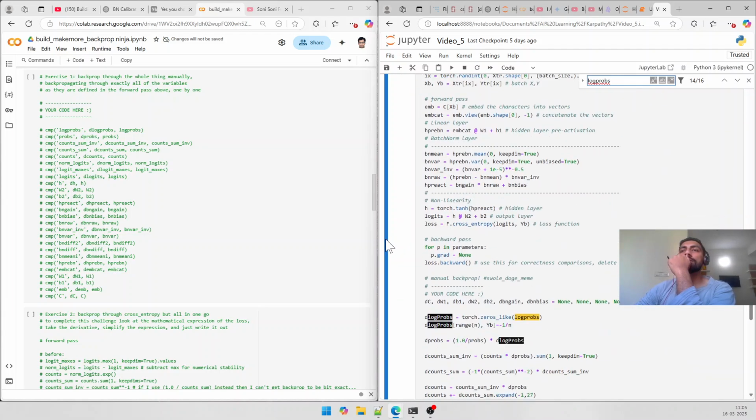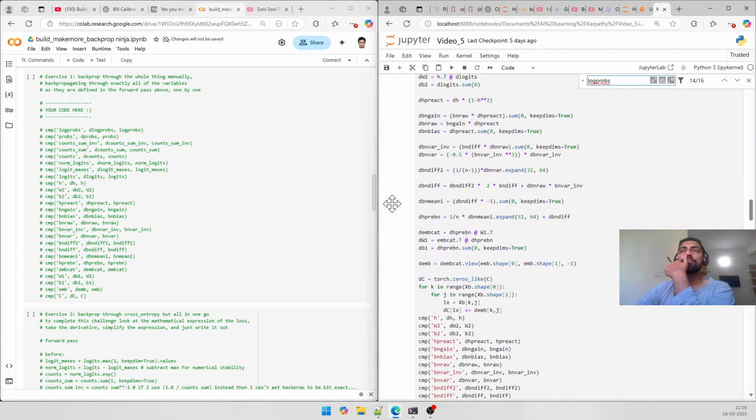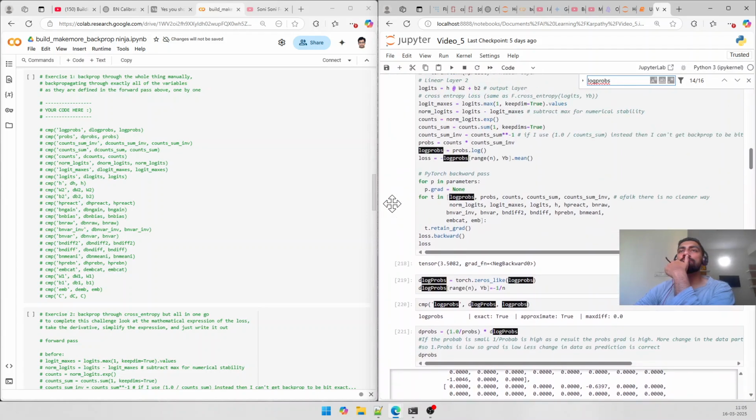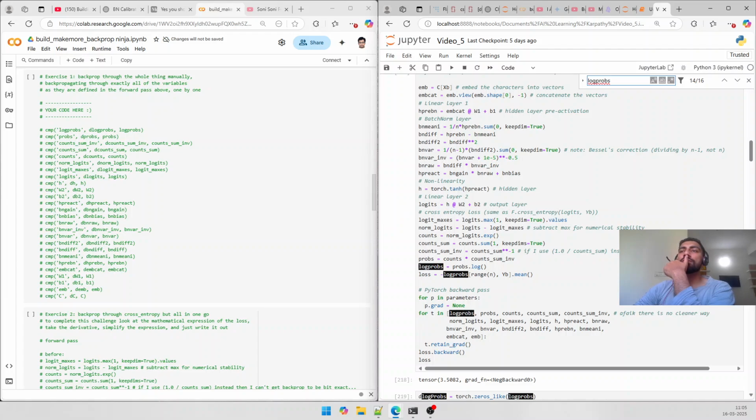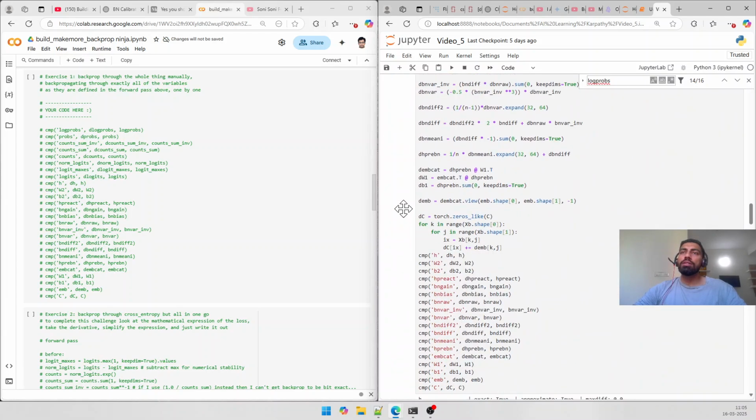So here, after logits we can do this. See, so here it is same as F dot cross entropy.